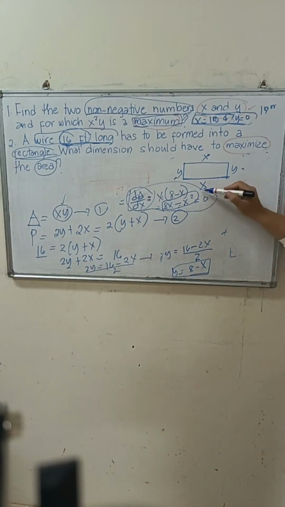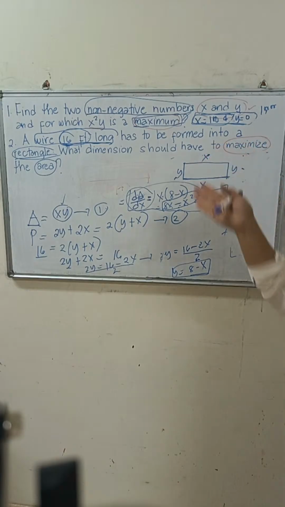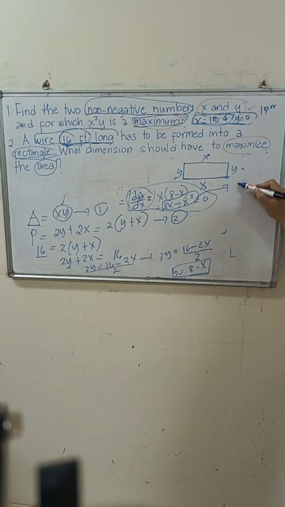Okay, so 8x minus x squared, let's differentiate this. We must be careful, because this is the usual mistake: in our solving, we forget that we are dealing with calculus. In this kind of problem, guys, this cannot be solved by algebra.